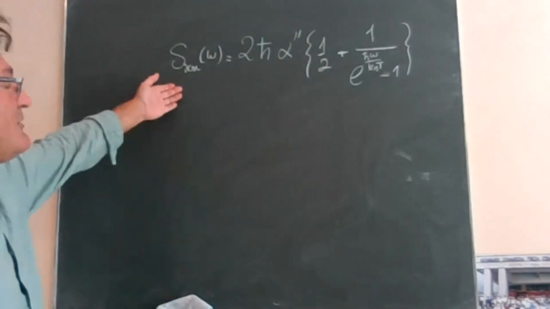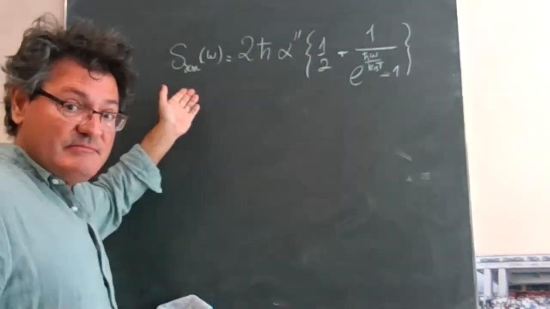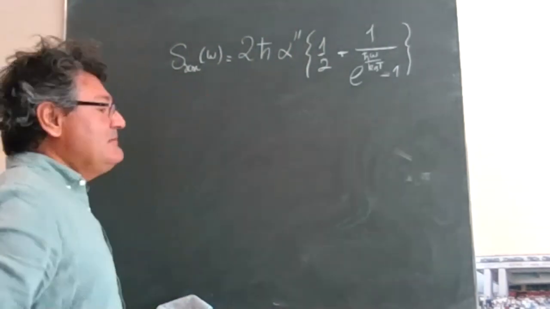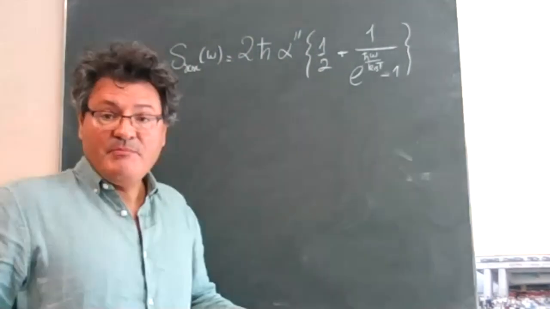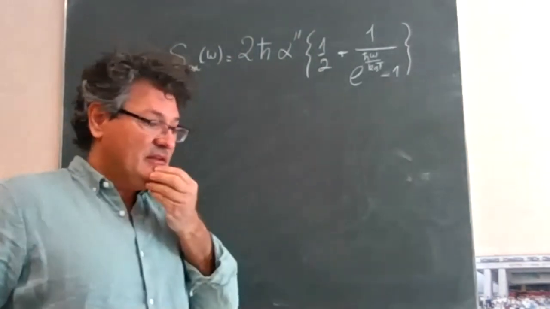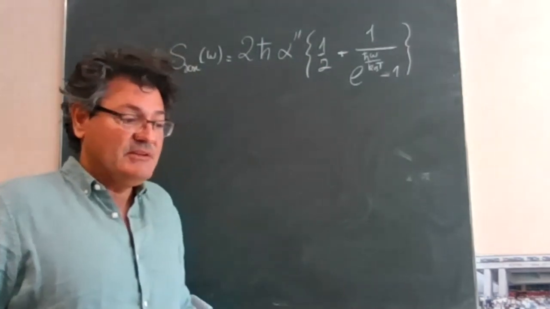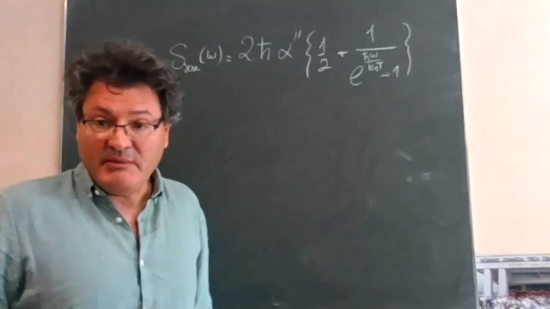This is the usual power spectral density of the observable x. We have our system, which is a statistical system because it is made of virtually a large number of particles.